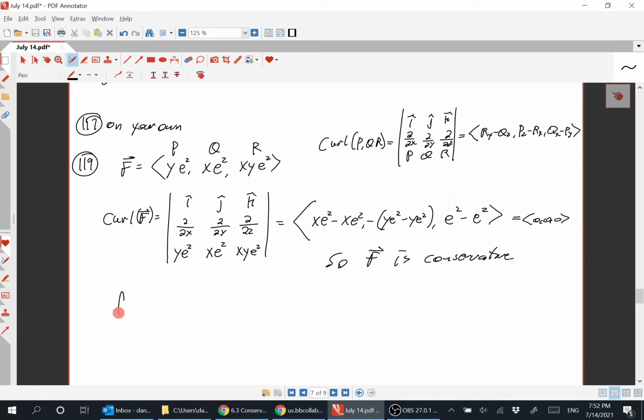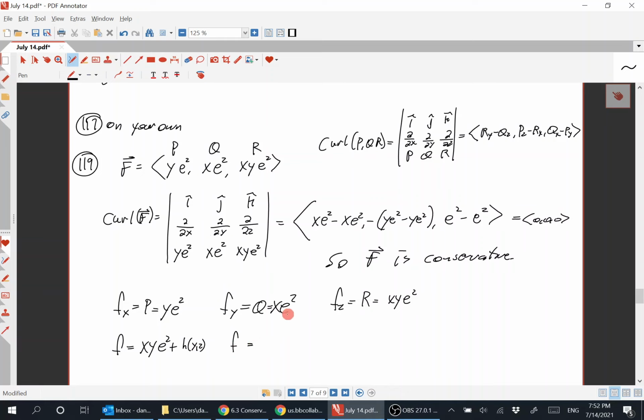So here, the partial of f with respect to x is supposed to be P, so that's y e to the z. The partial of f with respect to y is supposed to be Q, so that's x e to the z. And the partial of f with respect to z is supposed to be R, so that's x y e to the z. The antiderivative with respect to x is x y e to the z plus an arbitrary function h of y and z, since it's constant with respect to x.